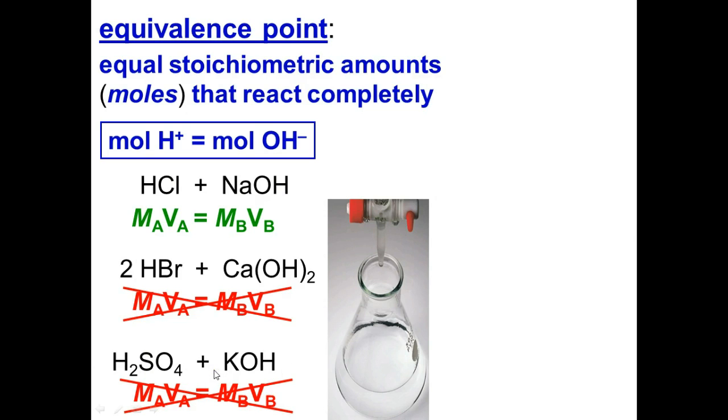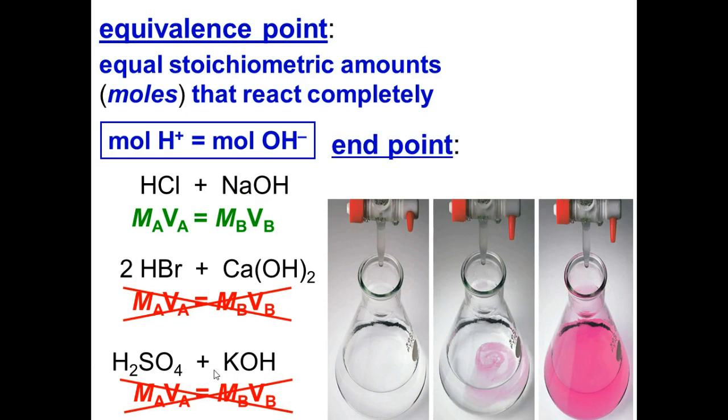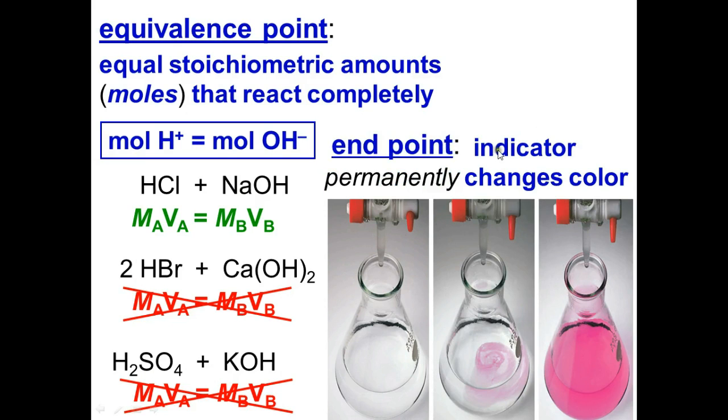And then we're going to talk about what an endpoint is. The endpoint is when the indicator permanently changes color. So which of these three would be the endpoint? Just from this definition you can probably tell this one, it's changed permanently. So here we have a clear substance.